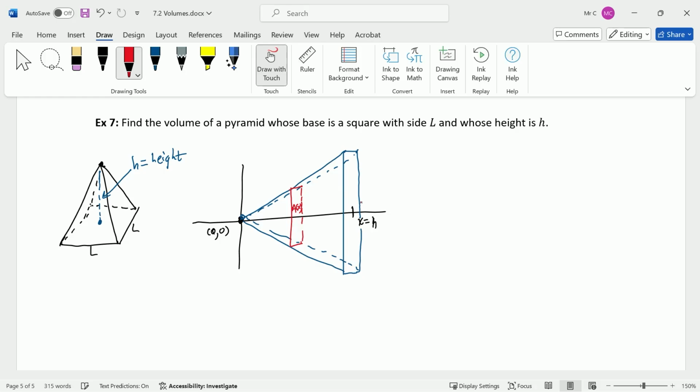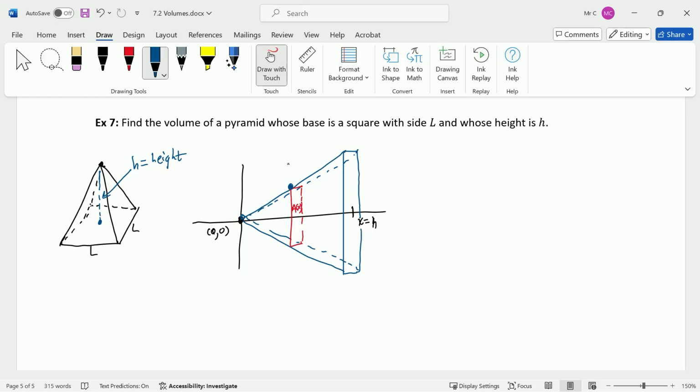One of the things we learned from geometry is that if the base of a pyramid is a square, all of its cross sections are also going to be squares. And so that helps us. What I notice is that this point, on this corner of this square, is on a line.